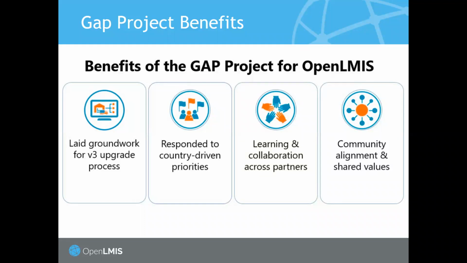Likewise, we also used this as an opportunity to collaborate between countries and the various partners involved in OpenLMIS. And like I mentioned before, we had a pretty wide community of people involved in the project. And lastly, it allowed us to align on what the values of our community would be, what the values of the software would be, and our goals going forward.